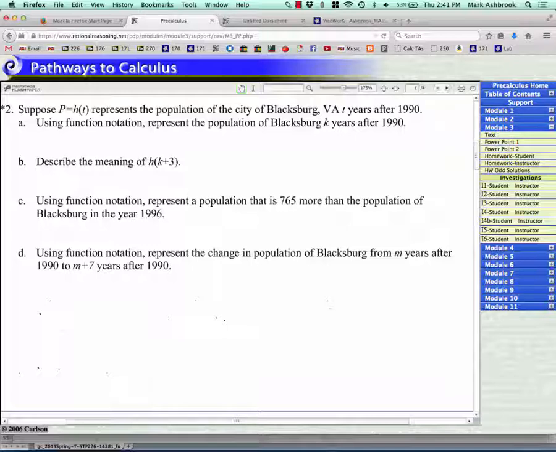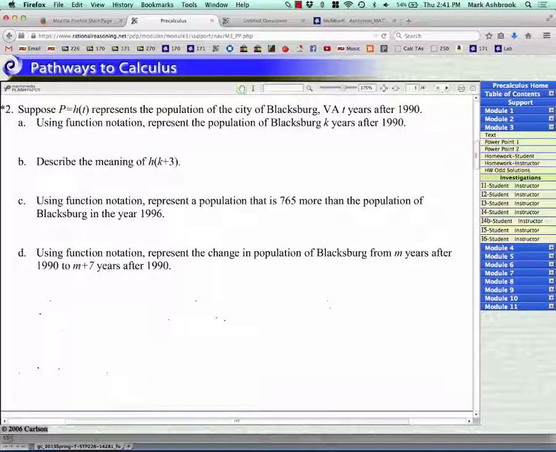So we don't want to write equals. We're just using function notation, basically.